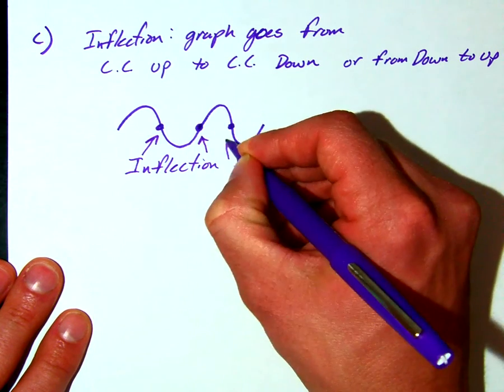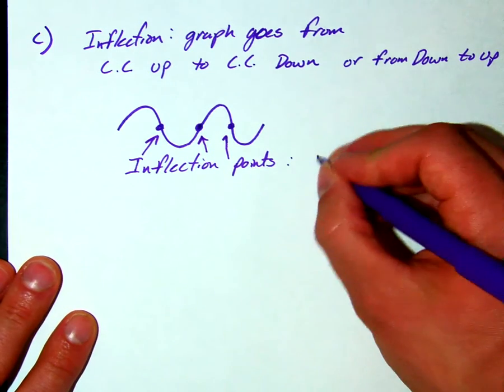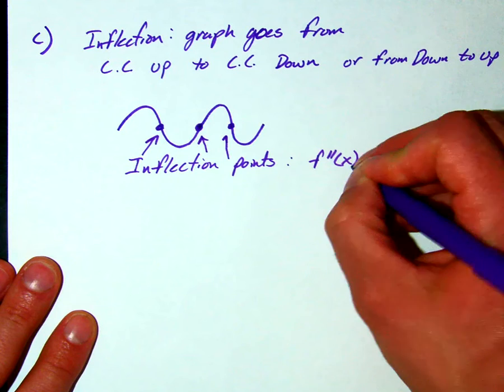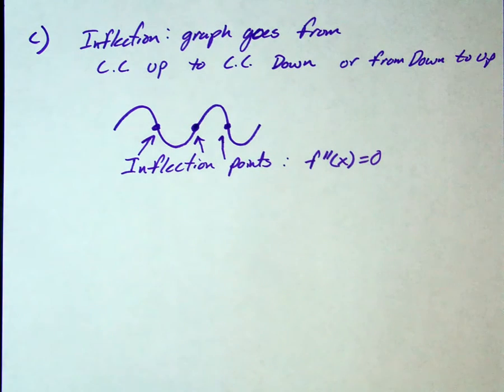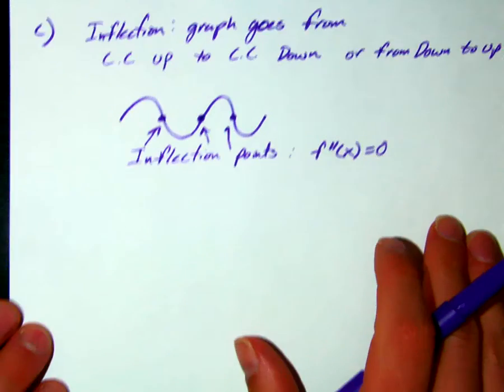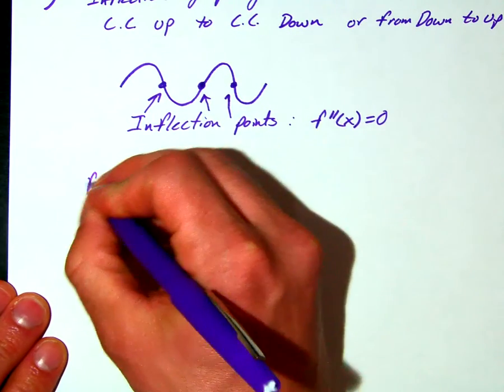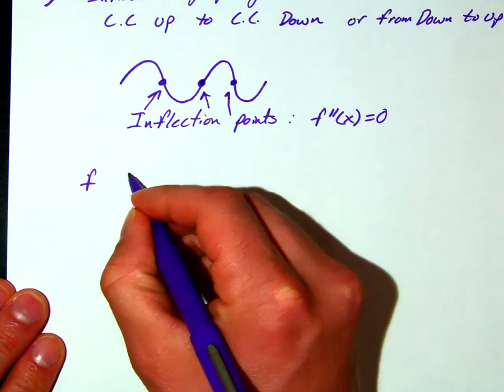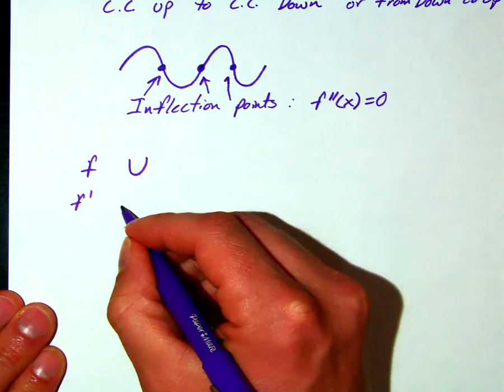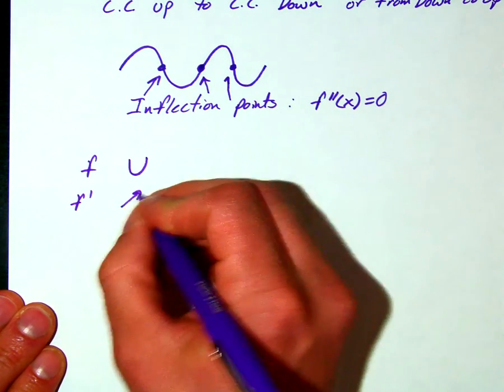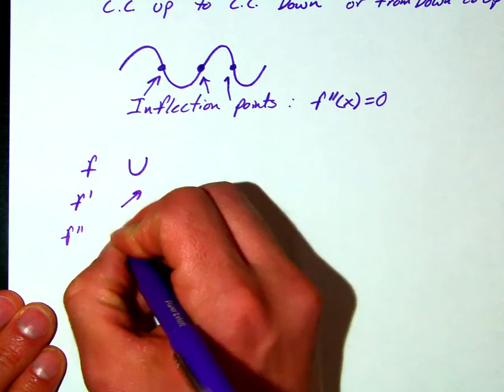Okay, another way to think about this is that the second derivative of x is equal to 0. That's kind of the algebraic justification. All right, so let's make another fun chart. If f is concave up, f prime will be increasing, and f double prime will be positive.